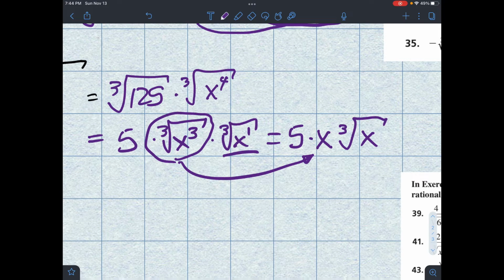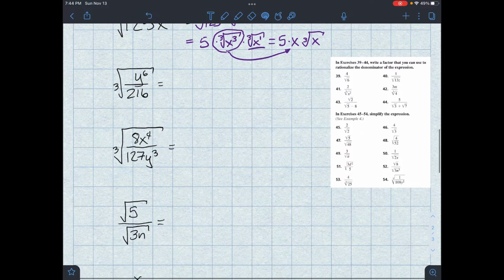So you could put parentheses around them to show that it doesn't, or just tuck that 3 in tighter. There, so that we know that it's a cube root. Okay? All right.